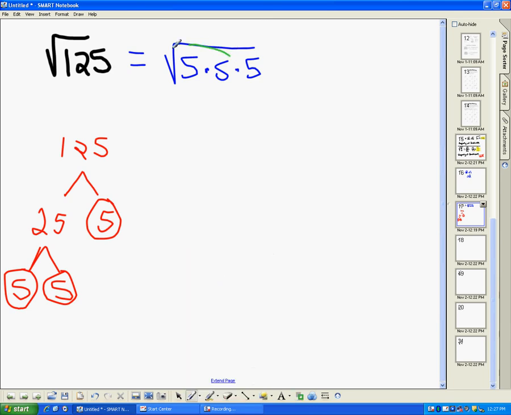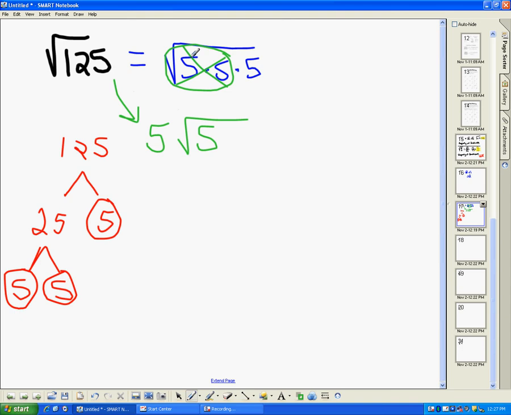I have a pair of 5s, and I'm going to pull that pair out. They're getting married, they're moving out of the house. Because I'm moving that pair out, they become 1 5 outside the house, and that still leaves me with this 5 in here. So the square root of 125 simplifies to 5 square root of 5.